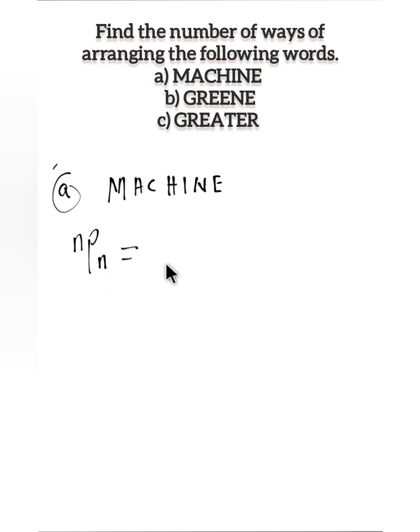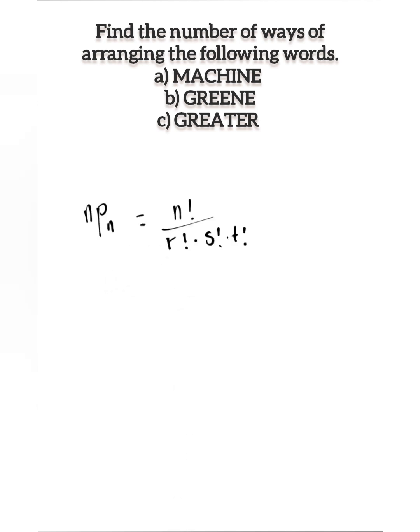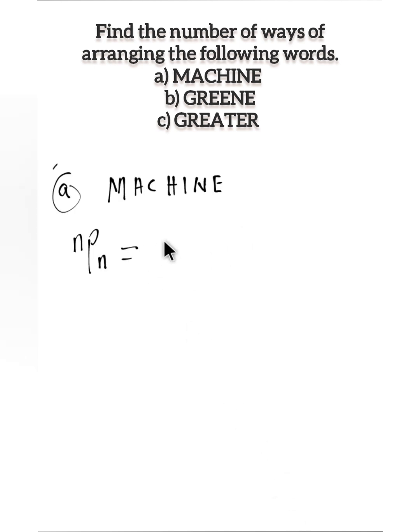While dealing with identical objects, we make use of this formula because it's possible that some of the alphabets might be identical, which is n factorial divided by those identical alphabets, n factorial over r factorial if r is identical, s factorial, and t factorial. But if we look at the question, we observe that none of the alphabets here are identical.